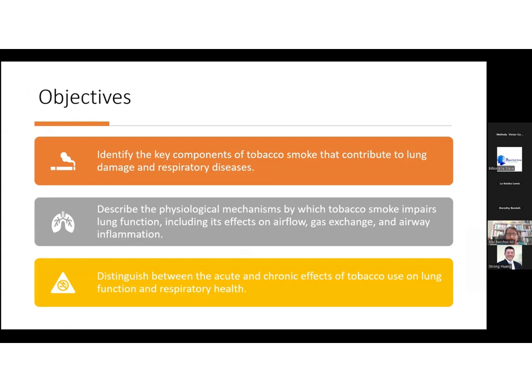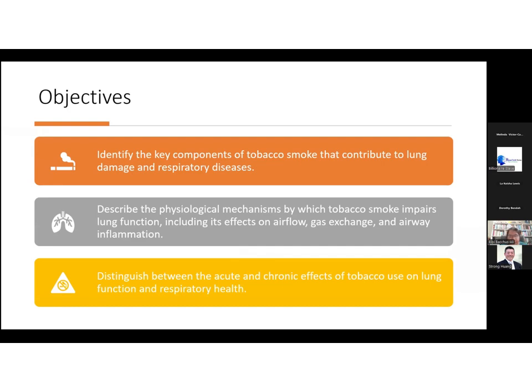To identify the key components of tobacco smoke that contribute to lung damage and respiratory diseases, to describe the physiologic mechanism by which tobacco smoke impairs lung function, including its effect on airflow, gas exchange, and airway inflammation.